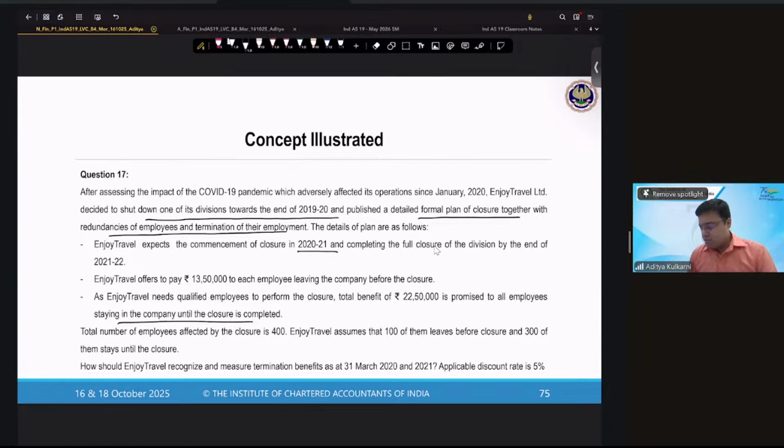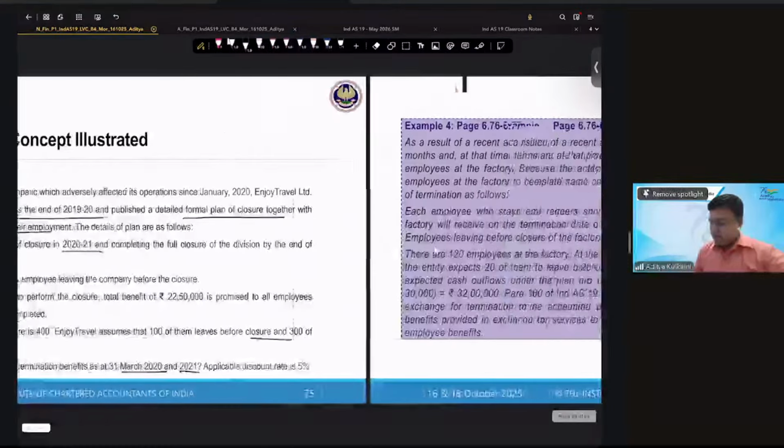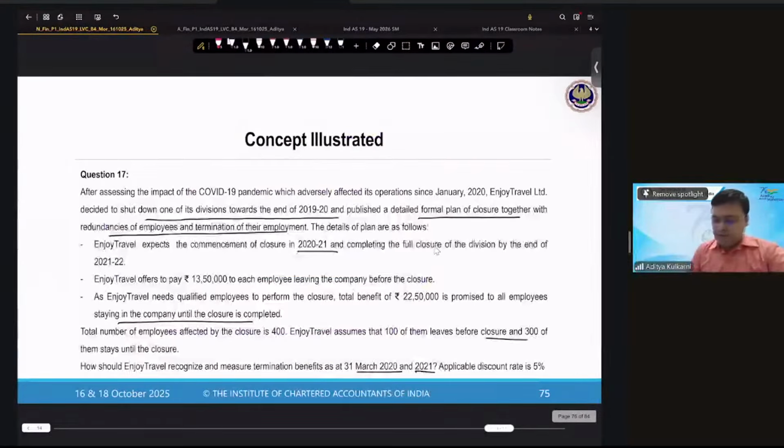Enjoy Travel assumes that 100 of them leave before the closure and 300 stay until the closure. How should Enjoy Travel recognize and measure termination benefits at 31st March 2020 and 2021? Applicable discount rate is 5%.